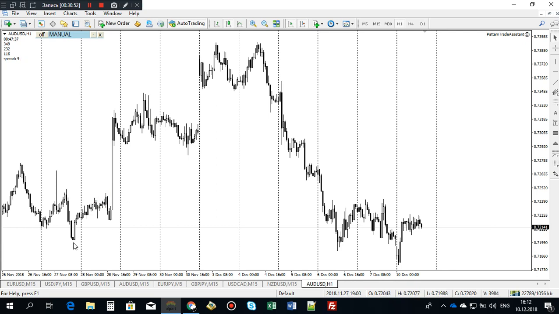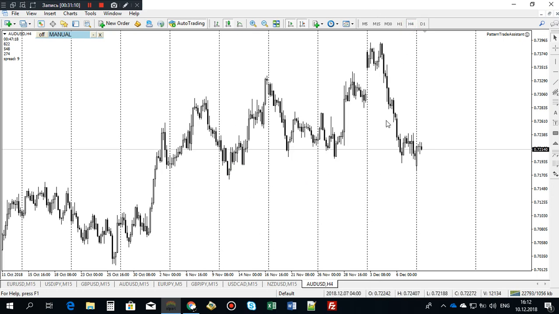By the way, do you have a cipher here? A to B to C. Maybe this one. And 4 hour.